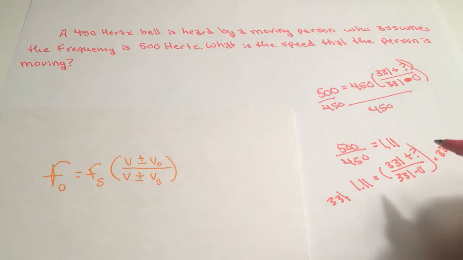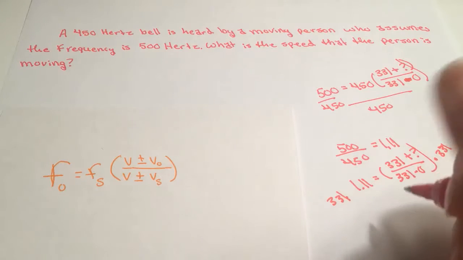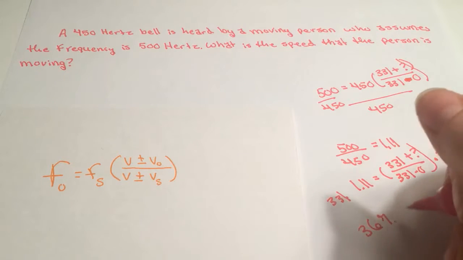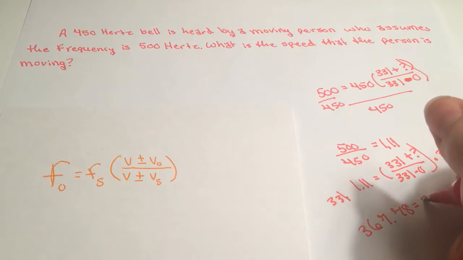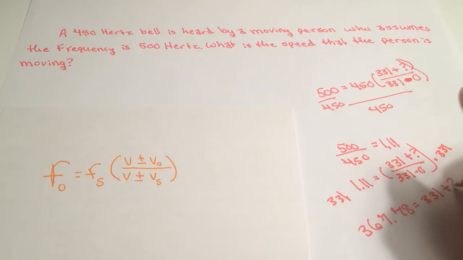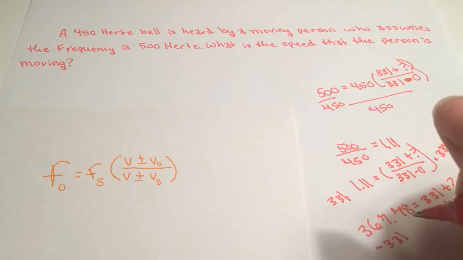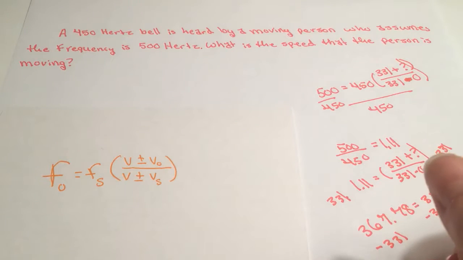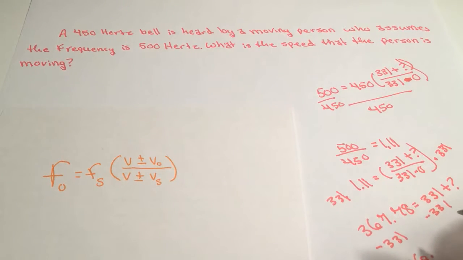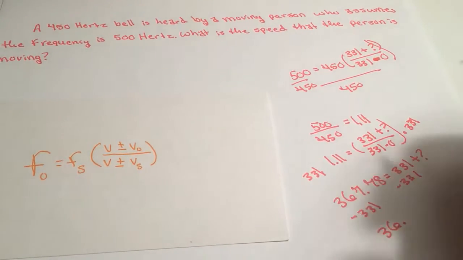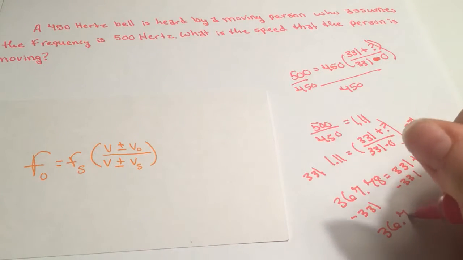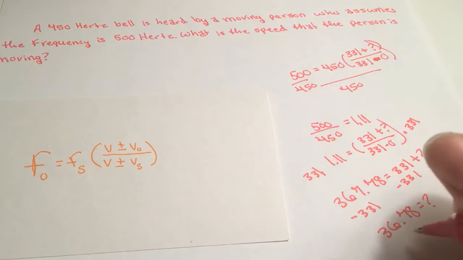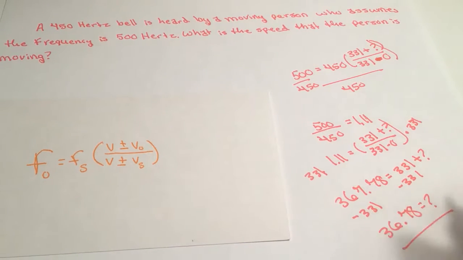And so when we do that, we get 367.78, and then 331 plus question mark minus 331 minus 331, and we get 36.78 equals question mark. So he's going pretty fast.